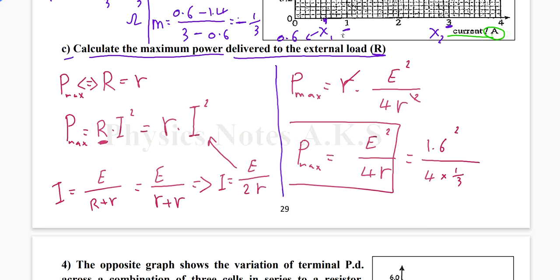It's going to be 1.6 squared over 4 multiplied by 1/3. And the answer is 1.92. I will write 1.92, and the unit of power is watt. This is the maximum power delivered to the external resistance.